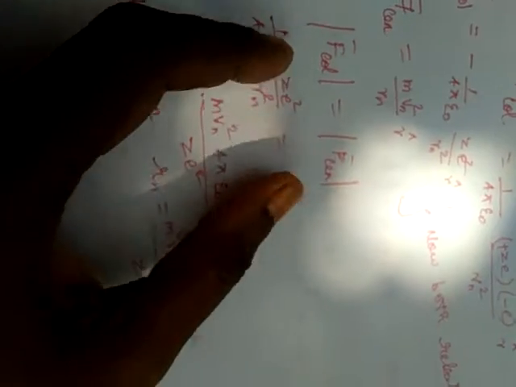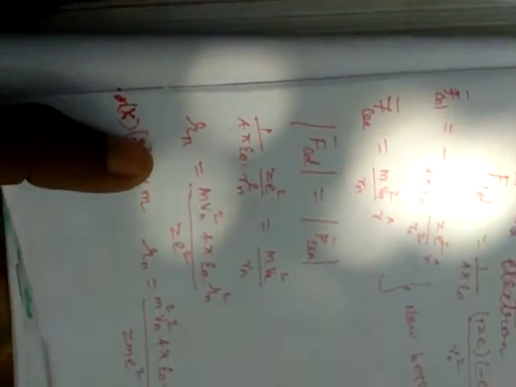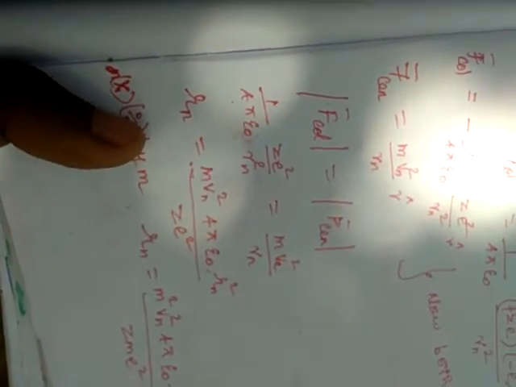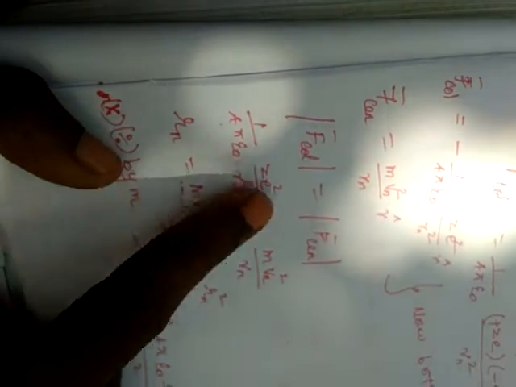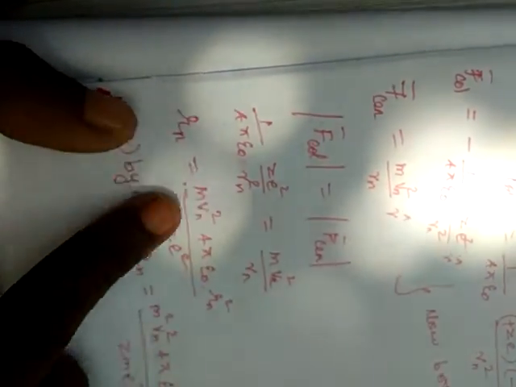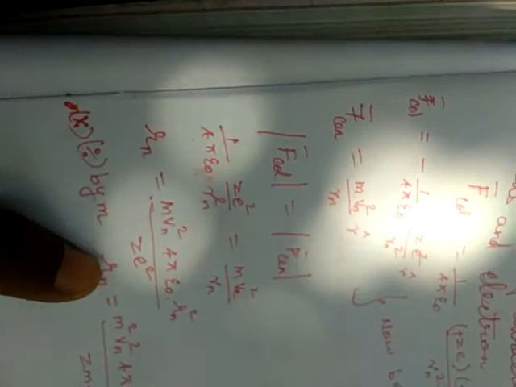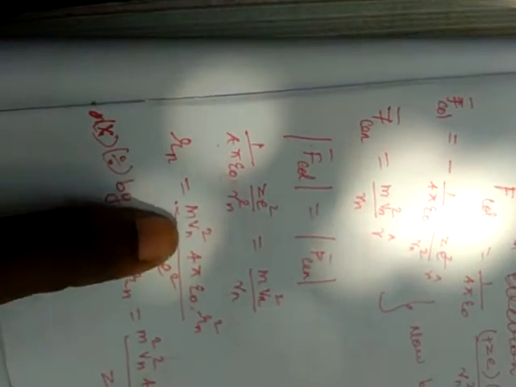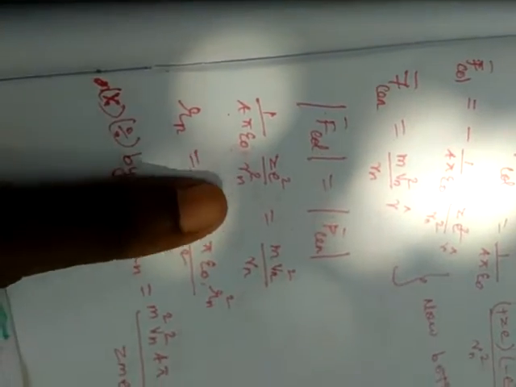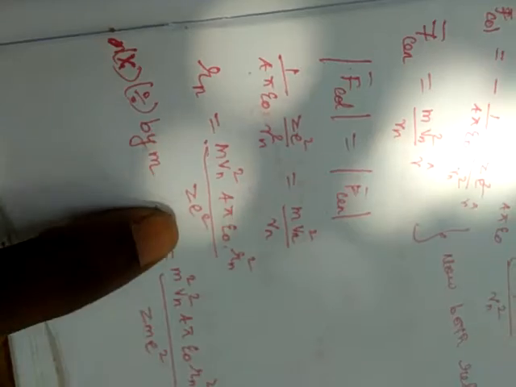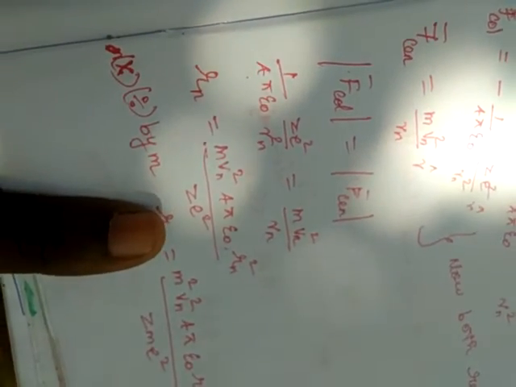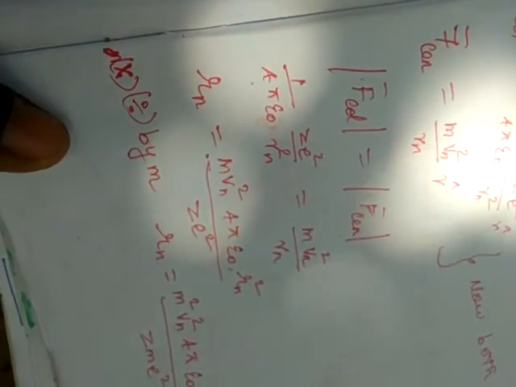So we have to apply the formula and substitute both. Now we only want to find out rn, the radius. Both sides have rn, so rn goes to one side and the others go to the other side, which means they come as a division. So rn equals m vn squared times 4 pi epsilon naught rn squared, divided by Ze squared.